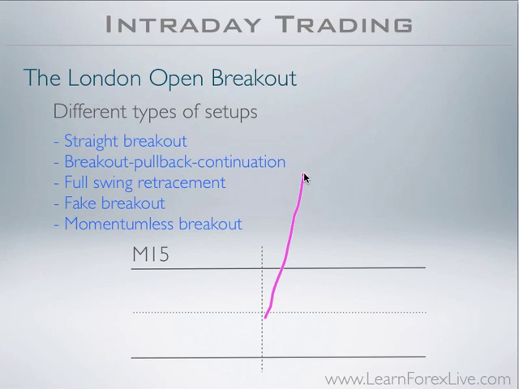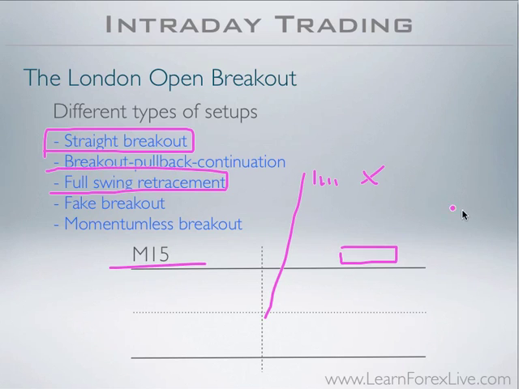Remember when price took off and we began getting our retracement bars up there, but at no point coming back down to retest the high of the Tokyo range? Well, we don't want to trade that, because we would be in a straight breakout market scenario. We want in a full swing retracement for price to actually come back down here.